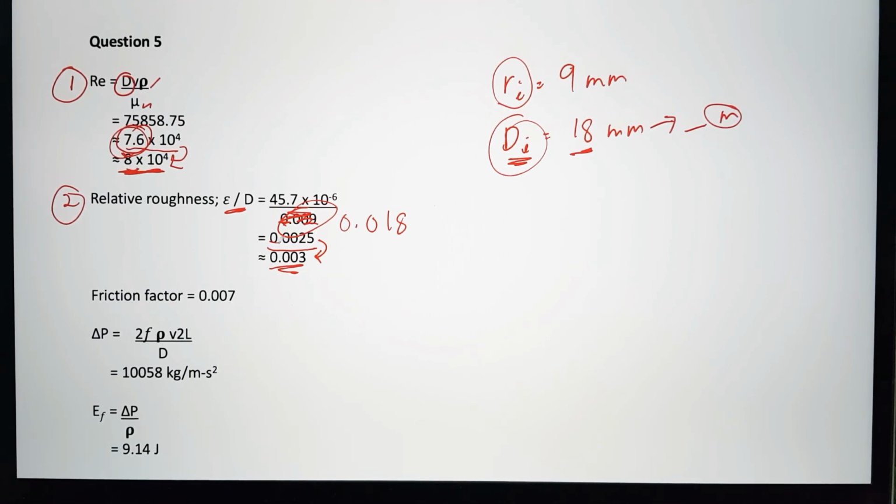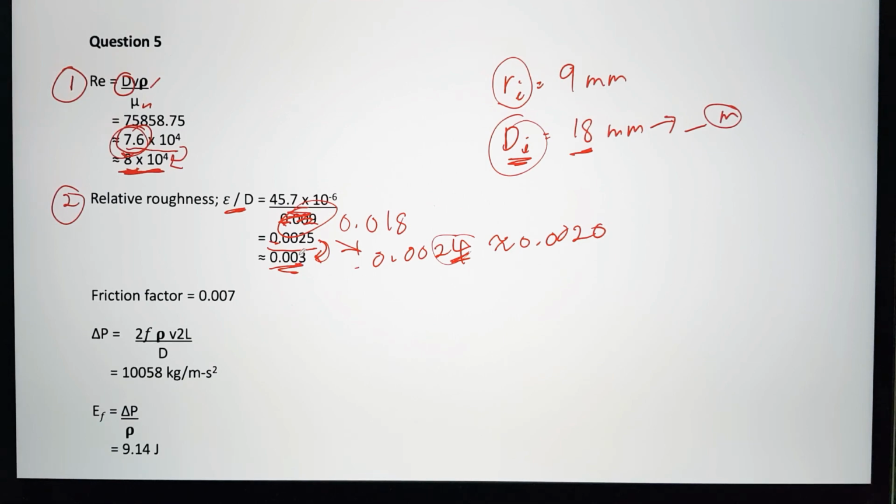So for this one 0.0025, when you round it off, it can become 0.003. However, if let's say your answer is 0.0024, you cannot round it off to become 0.003. That is wrong because this particular value, number 4, is not yet exceeding number 5. So if you want to round it off, it should become 0.0020.